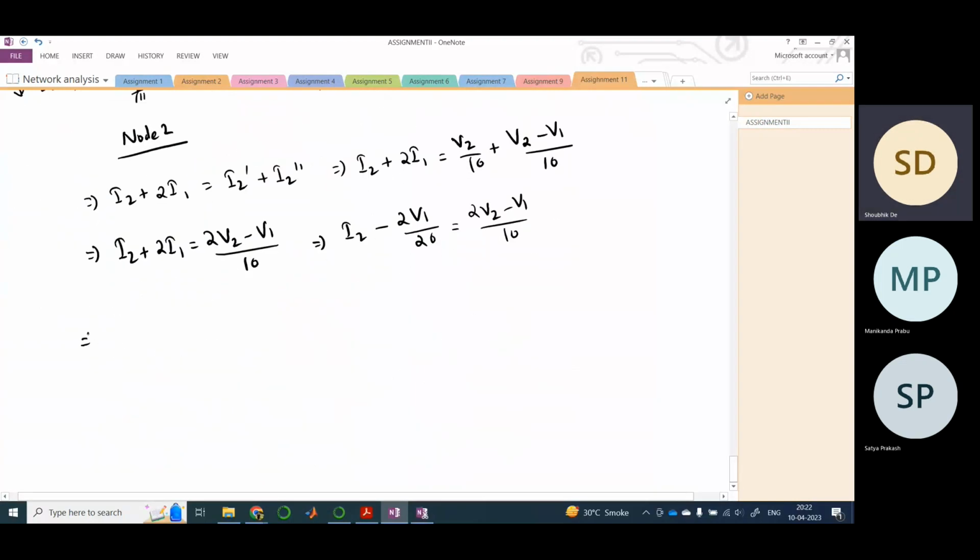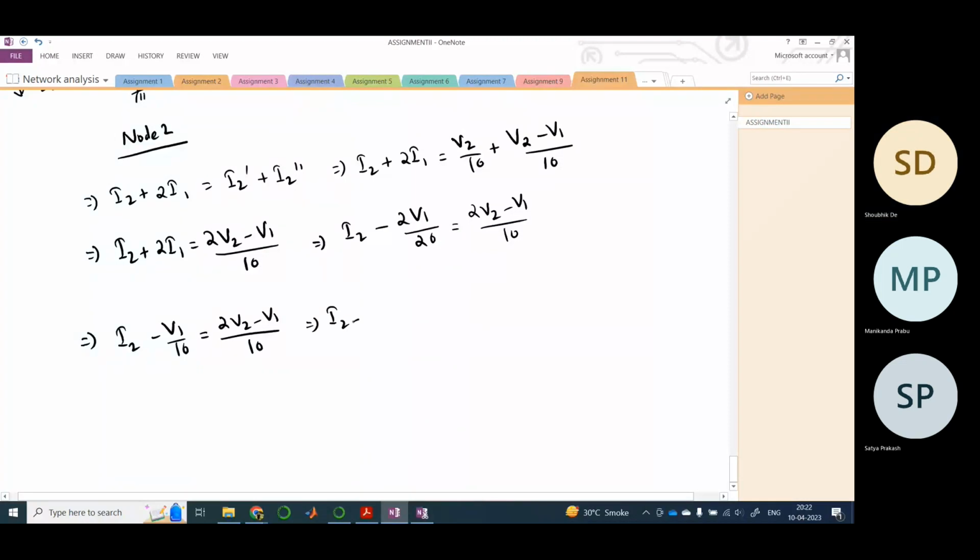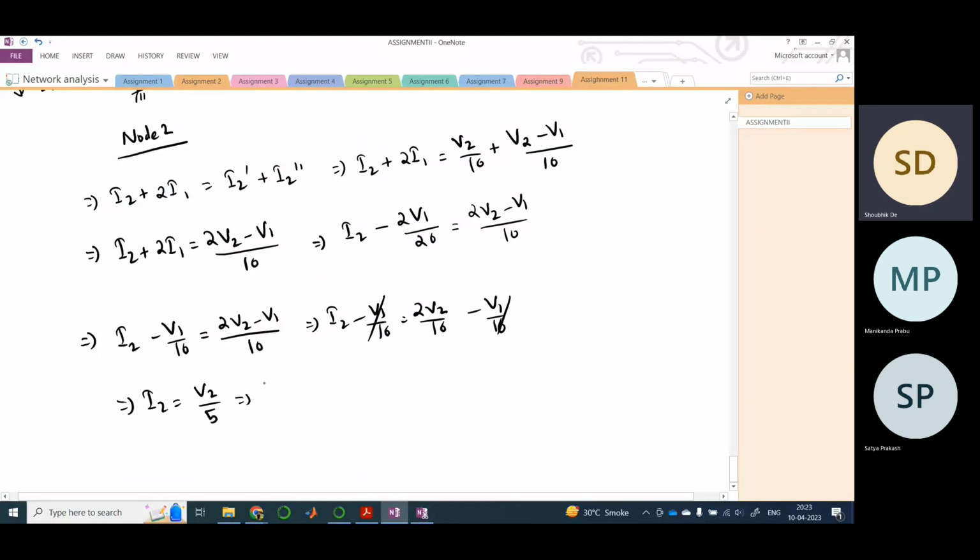This is I2 plus V1 by 10 equals 2V2 minus V1 by 10. See, directly this gets cancelled, right? If I write it separately, 2V2 minus V1 by 10, this gets cancelled. So we are left with I2 equals 2V2 by 10, so V2 by 5. Therefore, V2 by I2 is what? 5. So this is the answer.